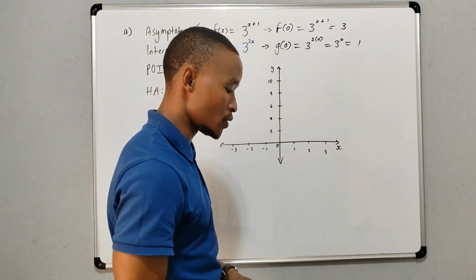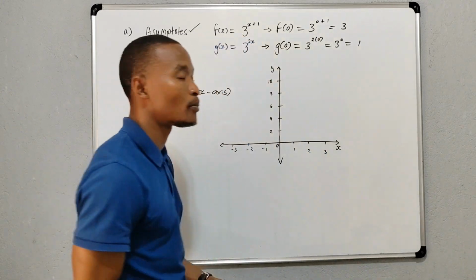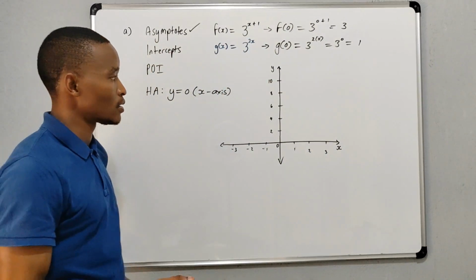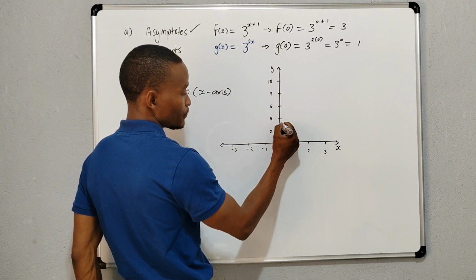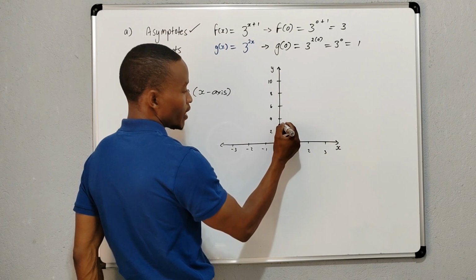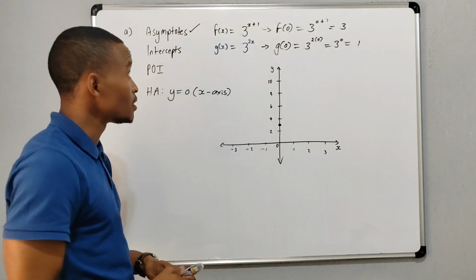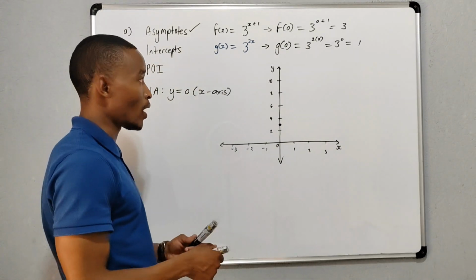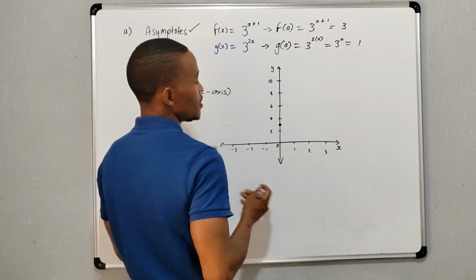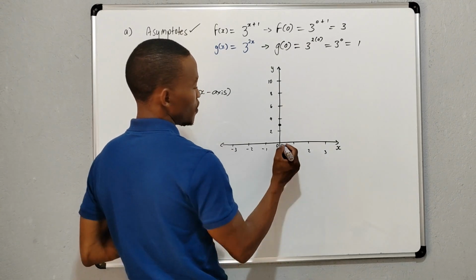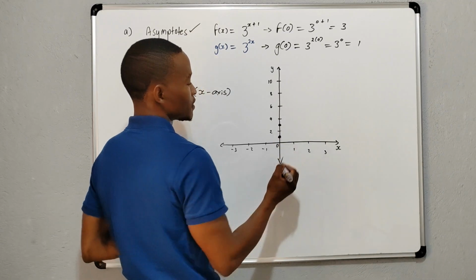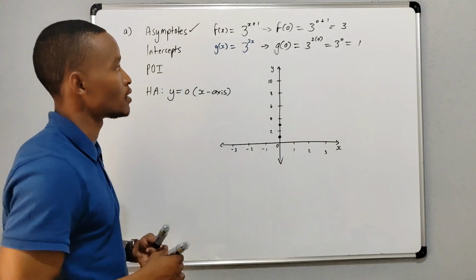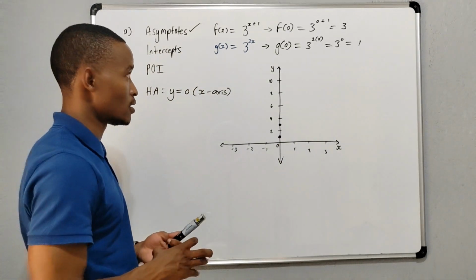So we are ready to indicate our points on the Cartesian plane, and we know that this is the y-intercept of f, and the y-intercept of g will be at 1 right here. Okay, so those are the points neatly indicated.